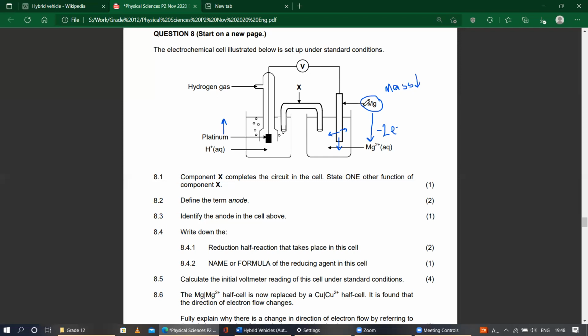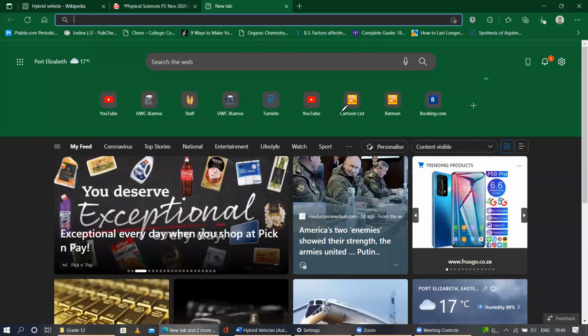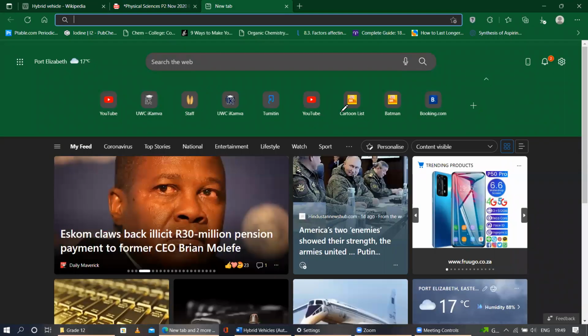So basically, the salt bridge is there to help transport them, but it's also there to make sure that the solution never reaches an equilibrium point where the magnesium metal stops losing its mass. So basically, that's the function of the salt bridge. I'm not sure what I said makes sense, but I think it should.